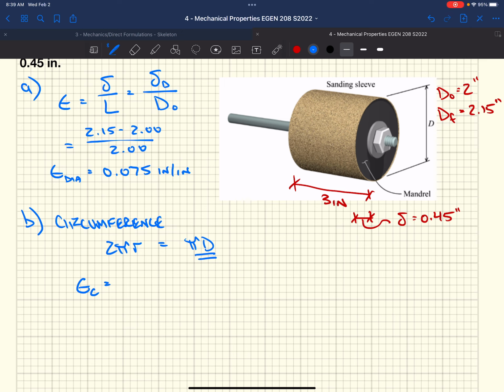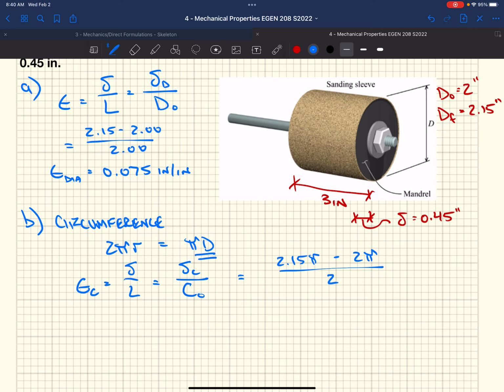So our strain with respect to the circumference. Nothing tricky here. Same equation with respect to strain, right? So now we want our change in the circumference over our original circumference, I'll call it C naught. What does that equal? Well, we knew our final diameter is 2.15. We need to multiply that by pi to get our final circumference. Then we're going to subtract our original circumference, which is our original diameter times pi.